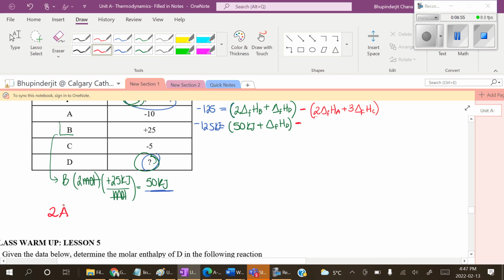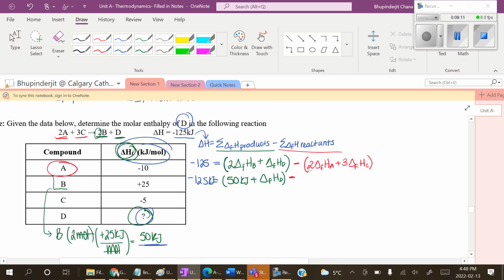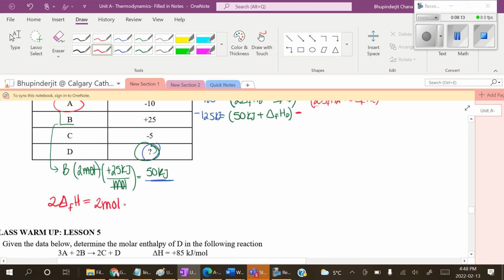2A delta formation H is equal to, we're going to take our A, which is 2 moles of A multiplied by negative 10 kilojoules per mole, which gives me negative 20 kilojoules.